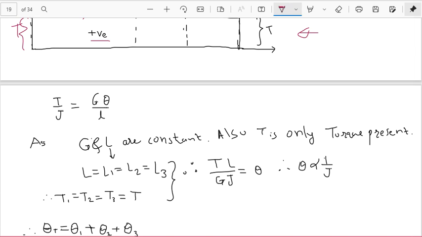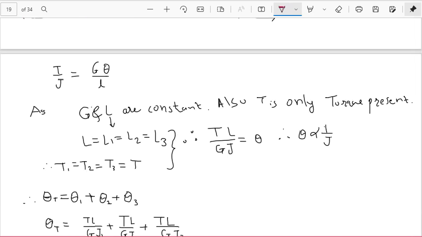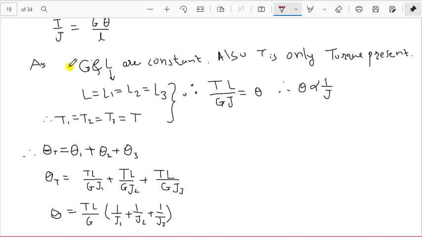Now we know the relation T by J is equal to G theta by L from the torsion equation. As G is given as a constant and the length of all three shafts is constant, and T is the only torque present on the complete shafts in series, we can consider T, L and G as constant.